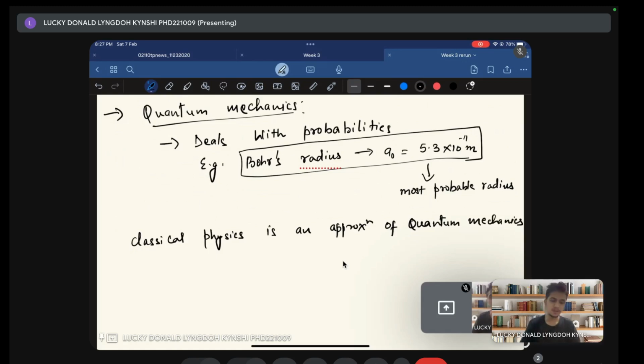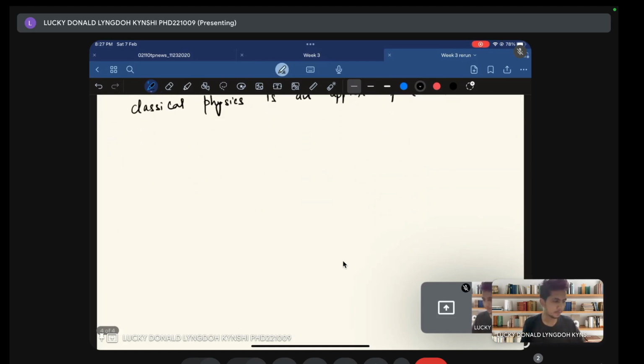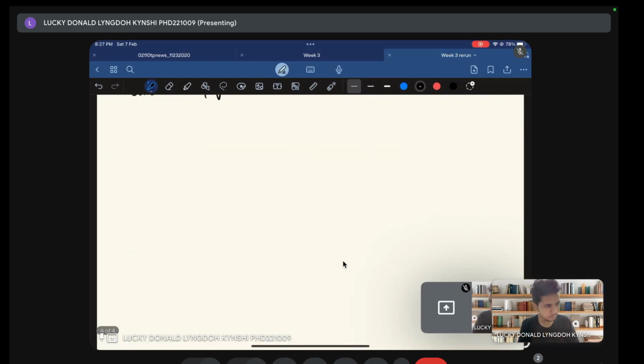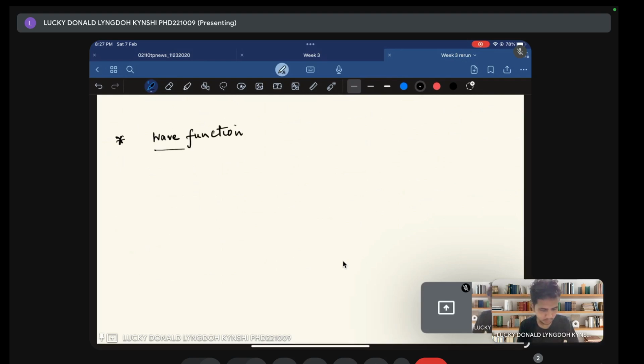Okay, so these are only a few things I wanted to point out before we move ahead. Now in quantum mechanics, I'll lay out some important terms for solving numerical problems. The first term is wave function. So what is a wave function?